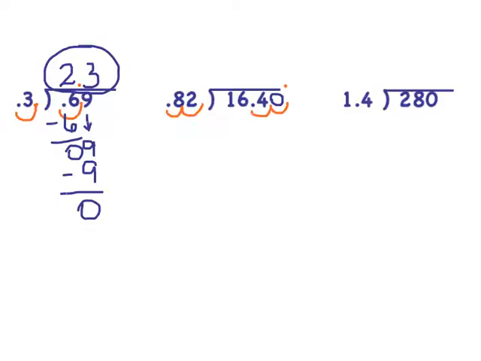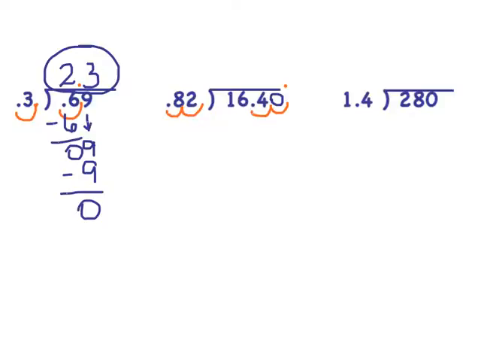I have 1,640 divided by 82. Well, if I have 1, can I share that with 82? No. What if I have 16? Can I share 16 with 82? No. What about 164? Yes. Well, I can see that if I doubled the 8, I would get 16, and if I doubled the 2, I would get 4.